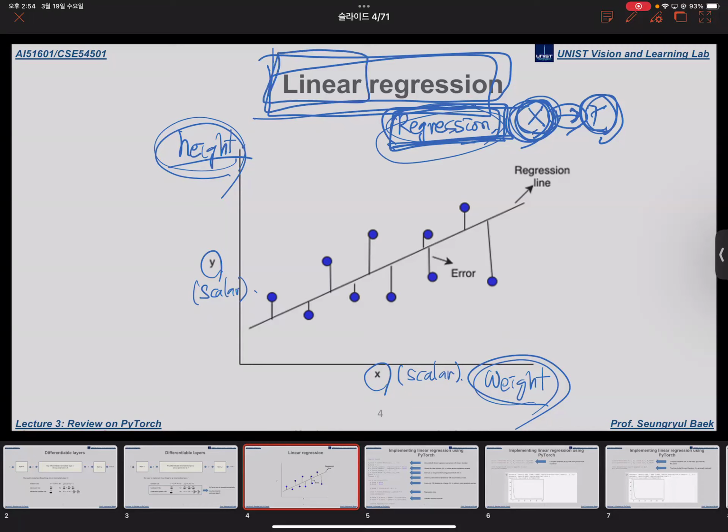And also, because it is linear, X and Y are mapped with this kind of formula. So that's why it is called linear regression. I already told you that linear regression can be applied in the situation where X and Y seem to have a linear relationship. It means their formula has to be defined in this form. Okay, this is the linear equation in English.